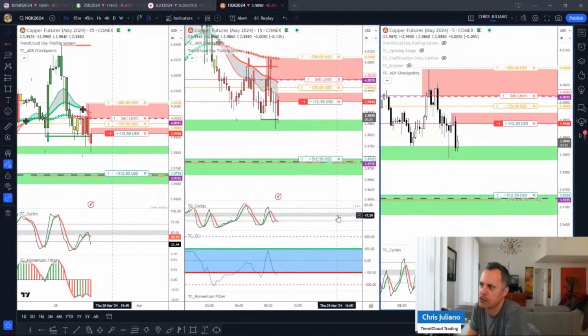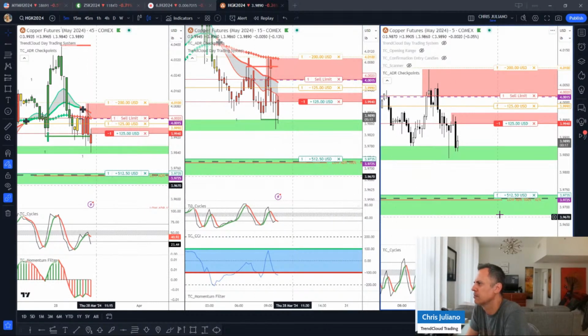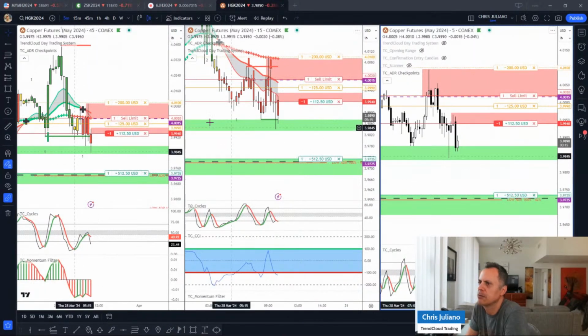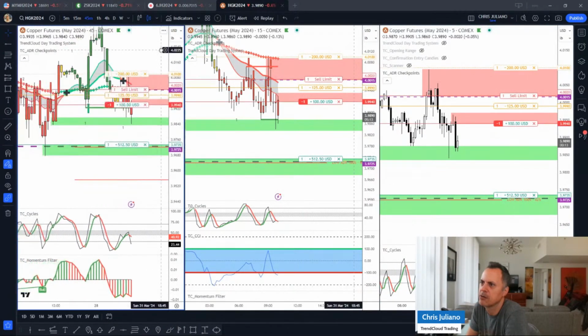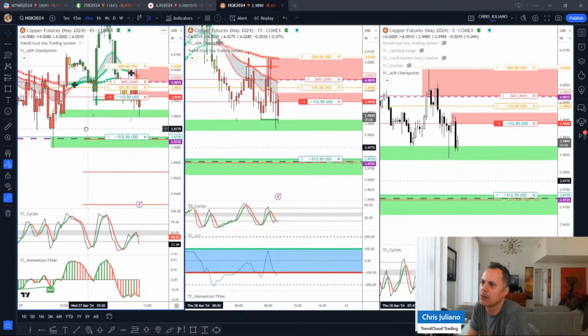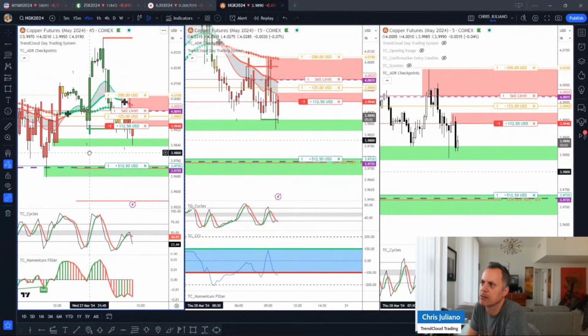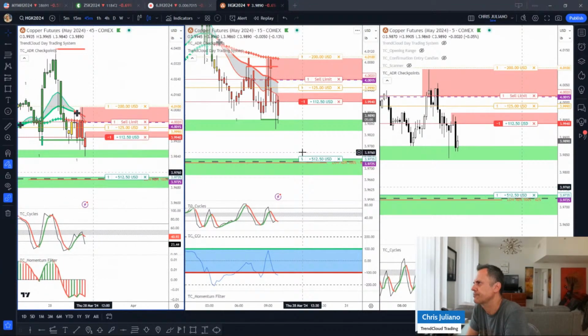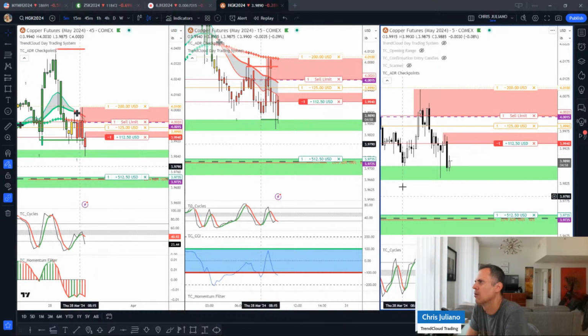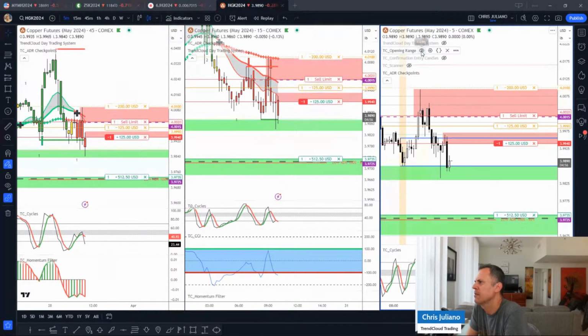We see potential here for that big move down on the higher time frame, into this area. There's your ADR checkpoint. Oh, where's the opening range on this?